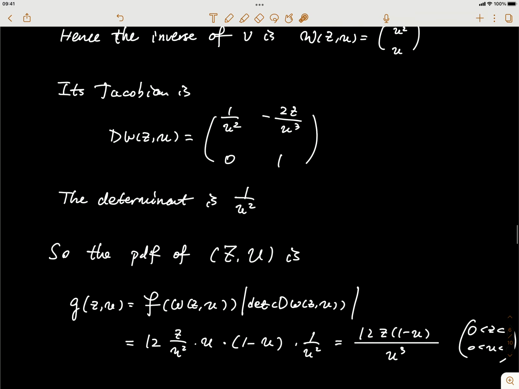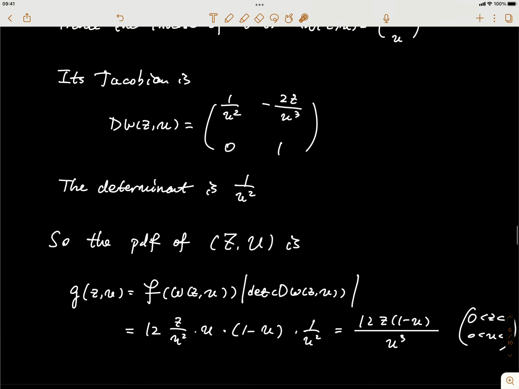Now we're ready to figure out the PDF. The PDF of Z and U, which we denote by g of (Z, U), according to the theorem we had in class, is just the PDF at w of (Z, U) times the absolute value of the determinant of the Jacobian matrix.